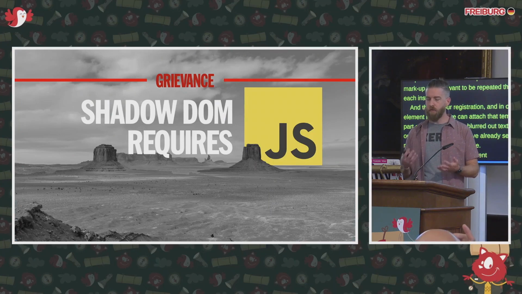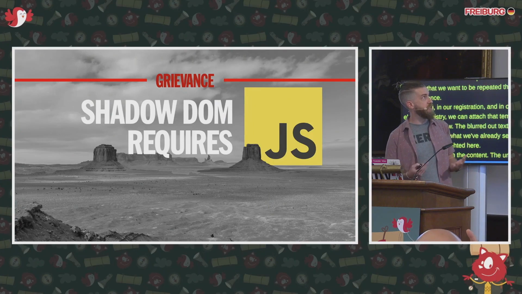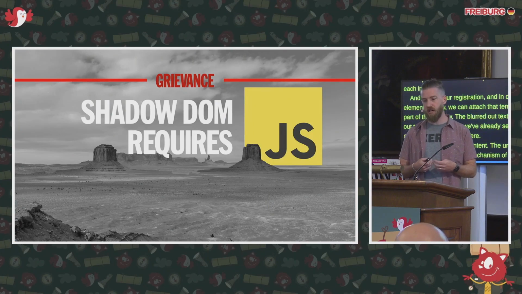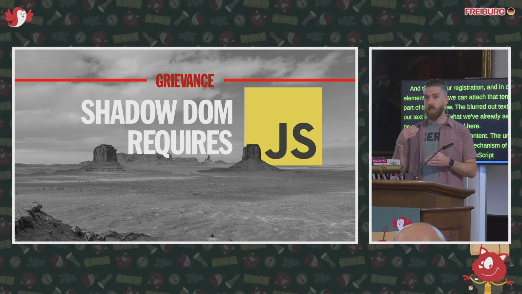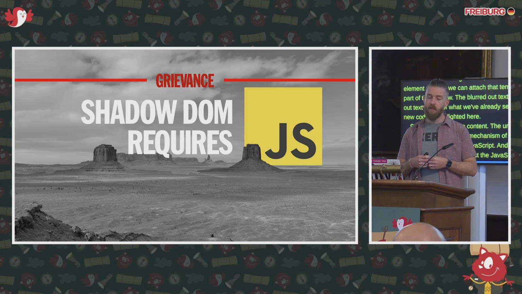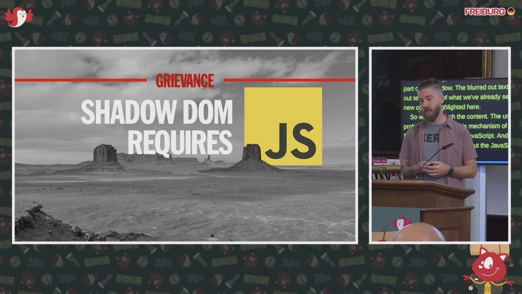The unfortunate problem here is that this mechanism of using Shadow DOM requires JavaScript. And depending on where you put the script tag in your HTML, that can have serious performance implications for how your components render.